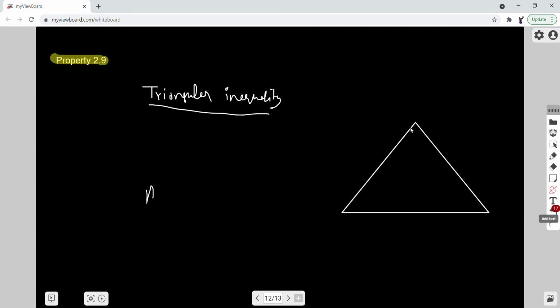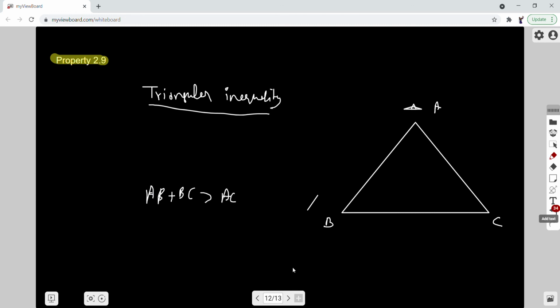So let's go to property 2.9. Property 2.9 is nothing but triangular inequality, which is, if you have a triangle, this is A, this is B, this is C. We say that AB plus BC is greater than AC.